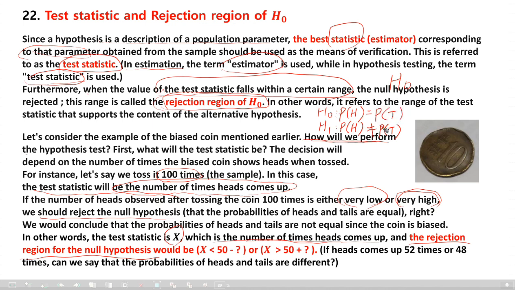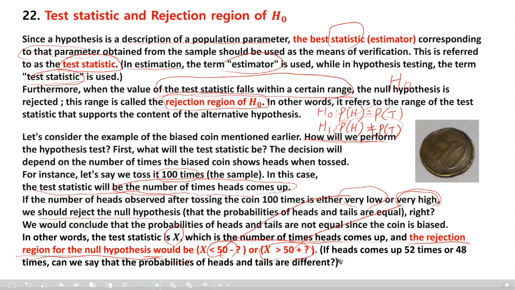We reject H0, and in other words, we support H1, not equal. The rejection region for the null hypothesis will be X less than 50, where 50 is the criterion, 50 minus some value, or X greater than 50 plus some value, right?